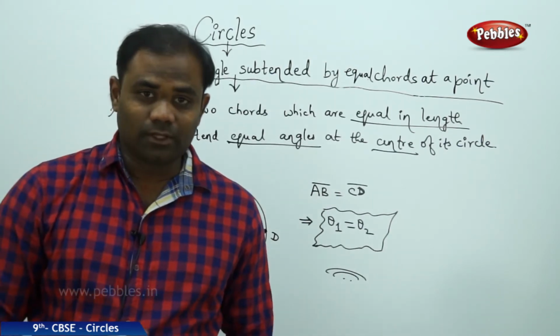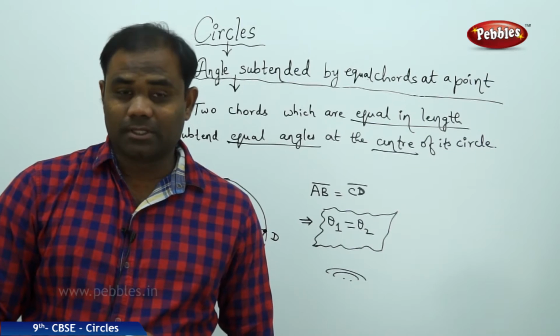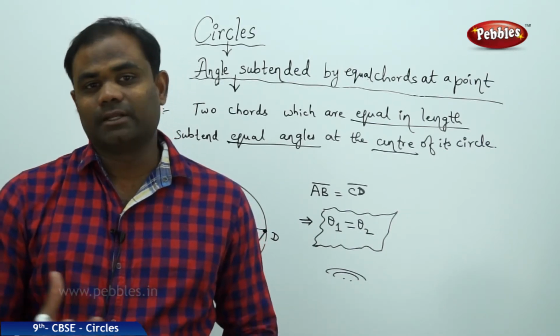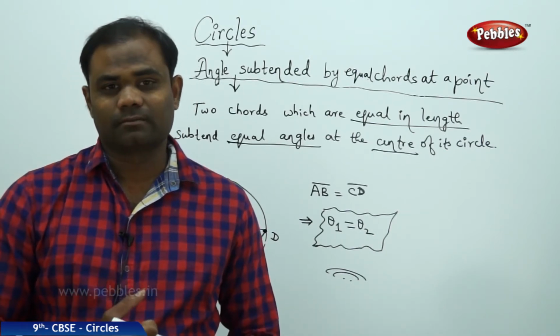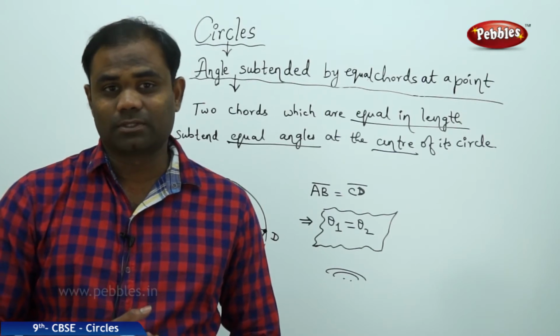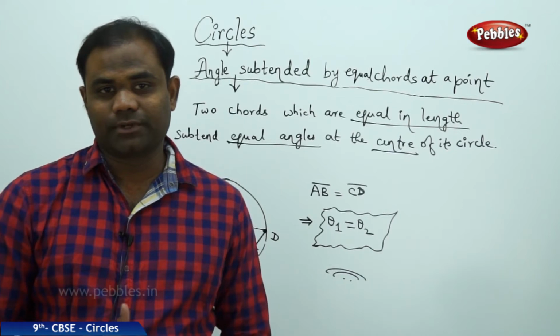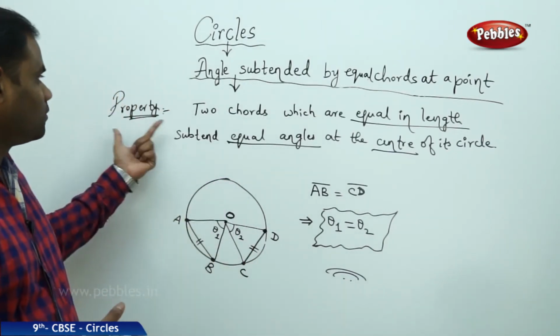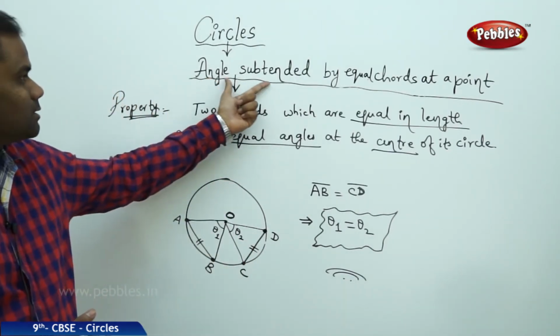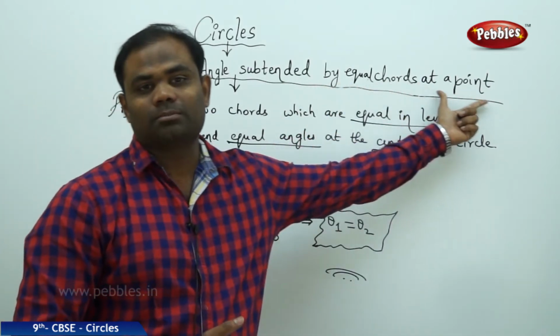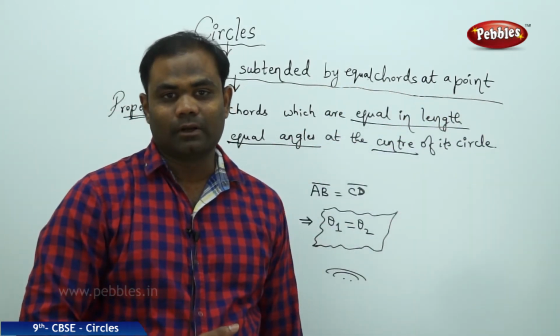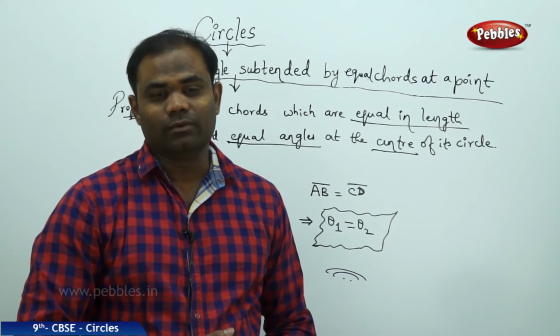Two chords of equal length subtend equal angles at the center of the given circle, is how the property holds for any circle and any equal chords taken into consideration. Property number 1, connecting angle subtended by equal chords at a point are equal, is how we come with the property.